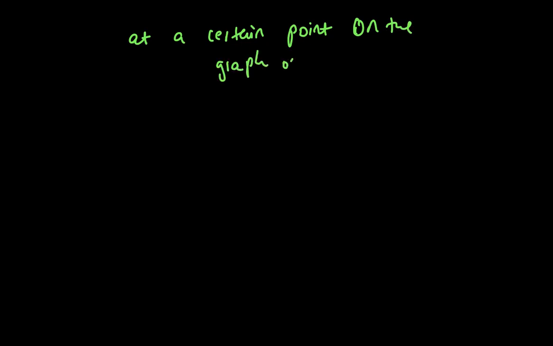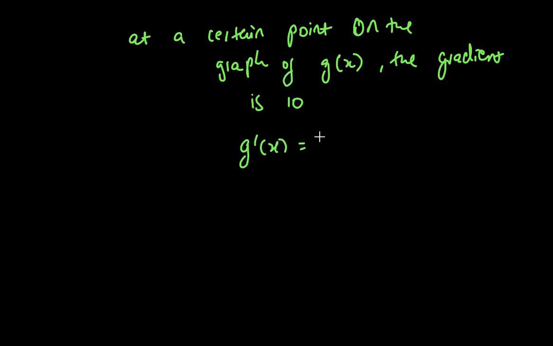Okay, so let's know that if I were to tell you that at a certain point on the graph of g(x) the gradient is 10, then you should know that this statement means g prime of x would be equal to 10.